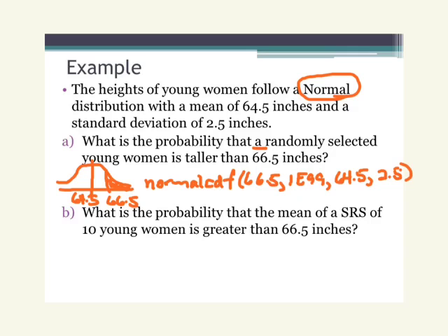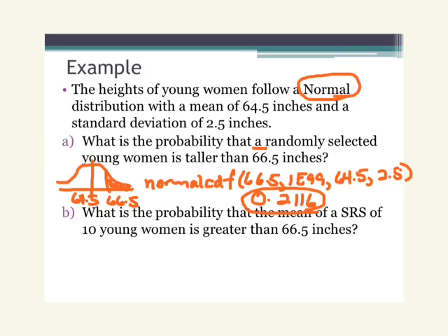As I calculate that, my probability comes out to be 0.2116. So I have about a 20% chance, about 1 in 5, of selecting a woman that's taller than 66.5 inches. Now let's move on to question B.